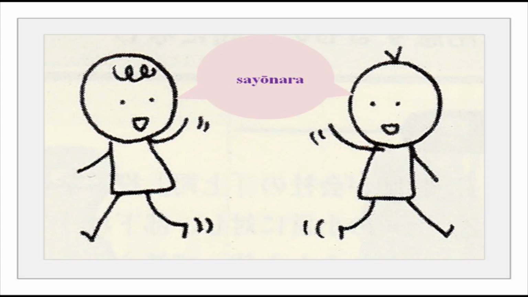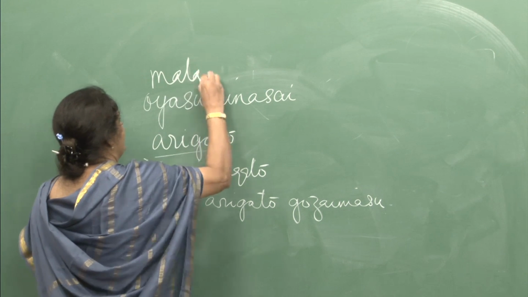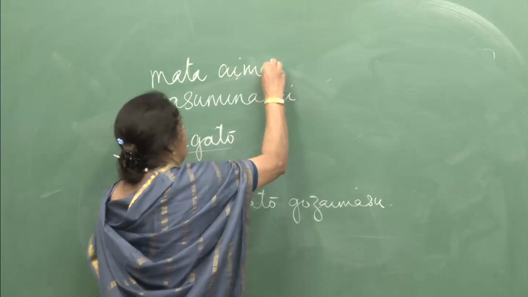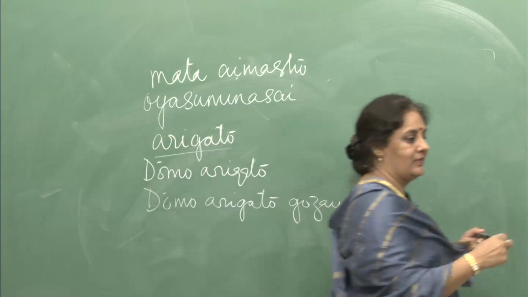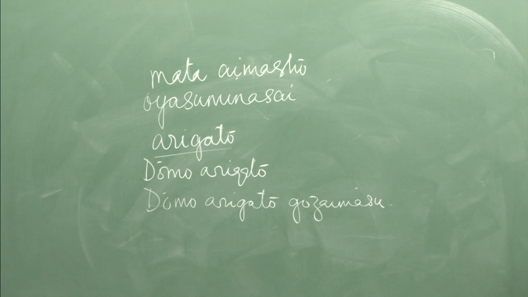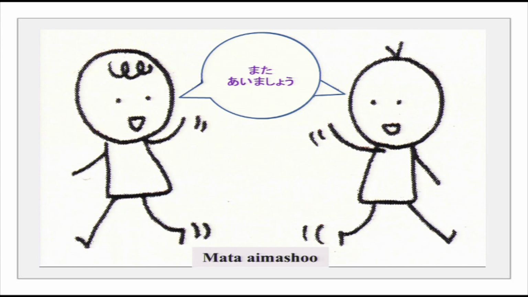So, people generally avoid using sayonara and they generally say mata aimashou, or mata ne, which we have been doing in our lessons, or mata ashita, see you again tomorrow. Mata means again and ashita means tomorrow. So, see you again tomorrow.